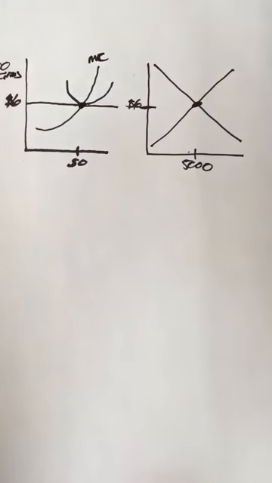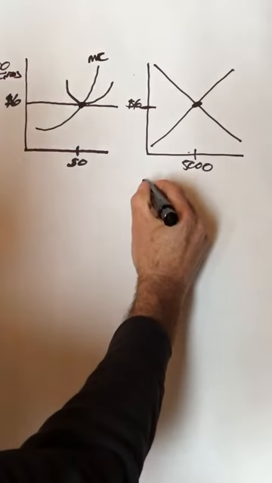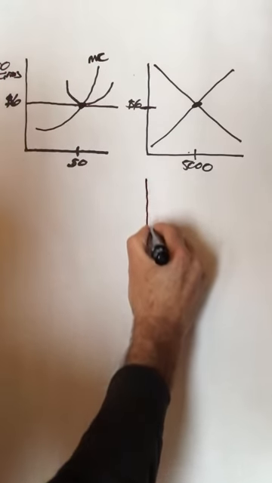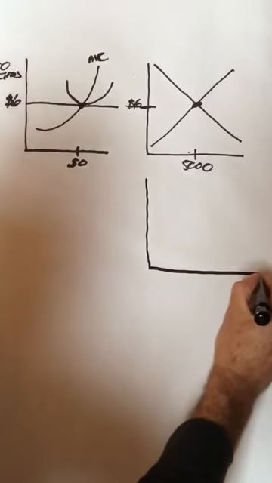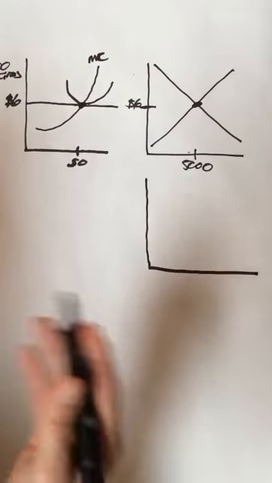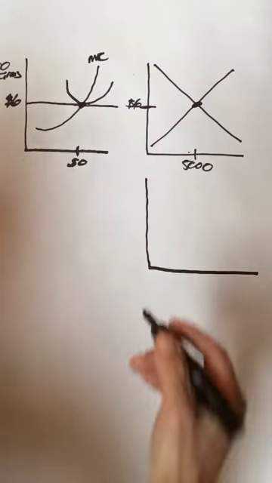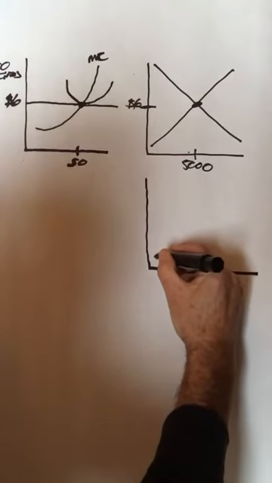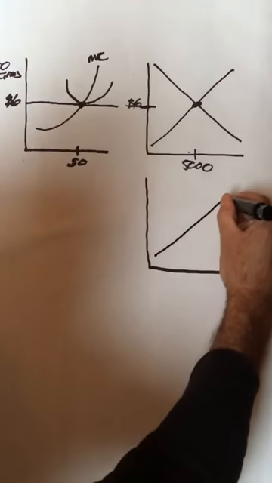So let's consider that there's an increase in the number of people in our community. Well, that's going to result in an increase in the demand. So we're going to introduce a change in demand. Supply will stay the same. So let's draw that supply curve pretty much exactly like we did.